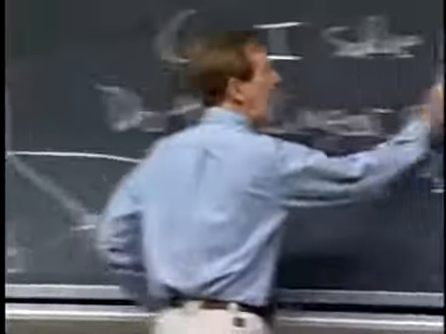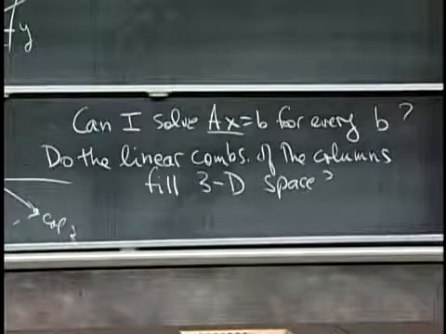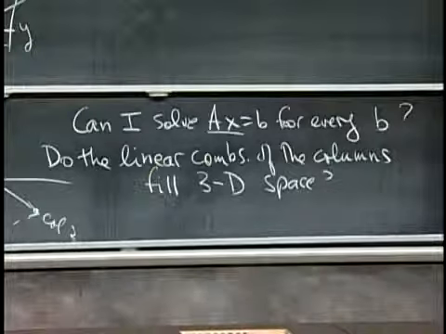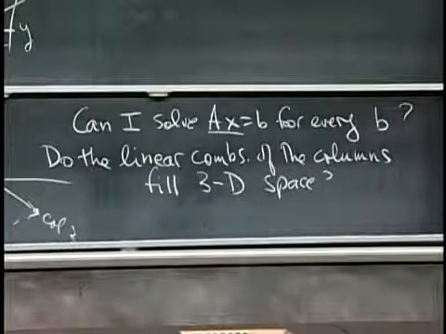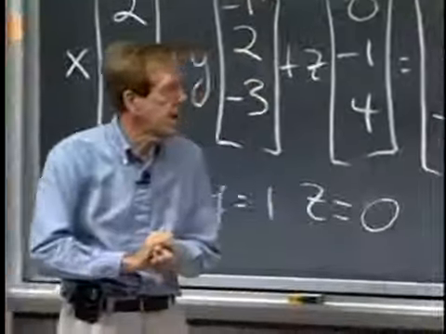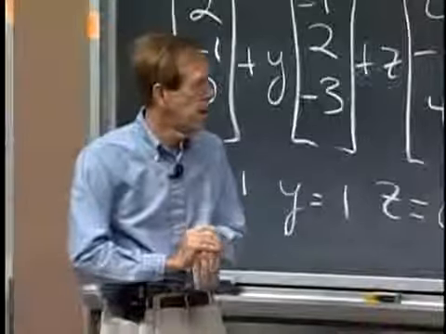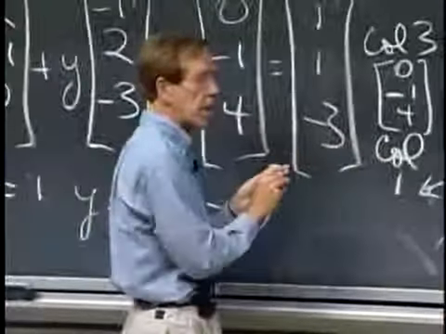Solving AX, oh, that's very important. A times X, when I multiply a matrix by a vector, I get a combination of the columns. I'll write that down in a moment. But in my column picture, that's really what I'm doing.